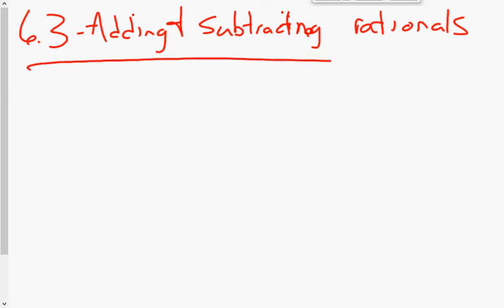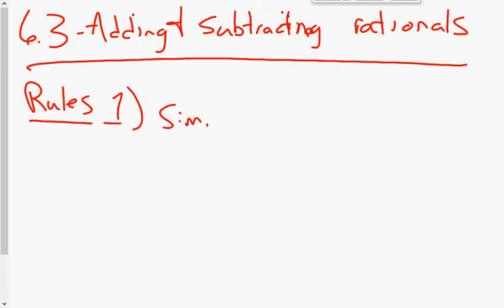So the rules for these are pretty straightforward. Simplify everything first. You simplify first, don't cancel anything out.